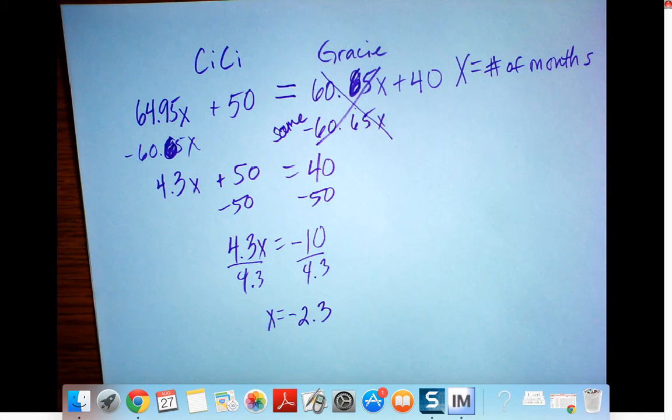Well, we need to ask ourselves, does that make sense? Are they going to be paying the same amount at negative 2.3 months? And most of the time students will say, no, you can't have negative number of months. So what does that mean in terms of solving this problem? That means that there is no answer, or that they will never pay the same amount of money at the same month.